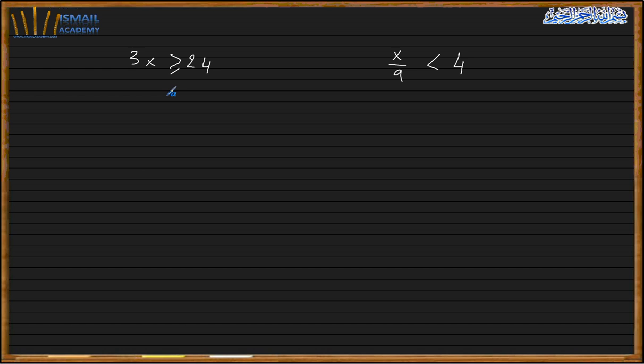So this is the first two. Here I have x times 3 is greater than 24. Here is multiplication, so I divide both sides by 3. 3 divided by 3 is cancelled out. What's left is x. 24 divided by 3 is 8. And we divide by a positive number, so the sign stays the same, the inequality sign stays in the same direction.